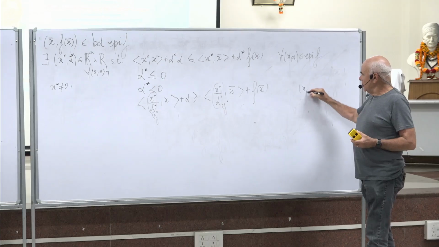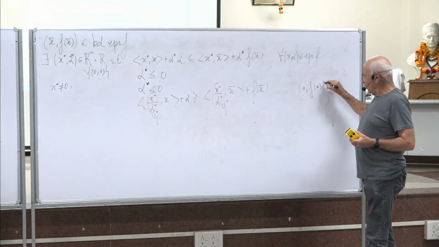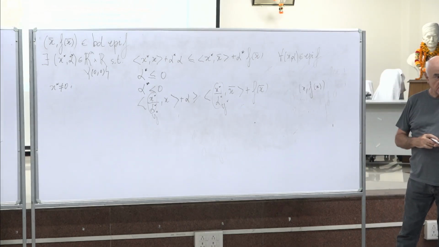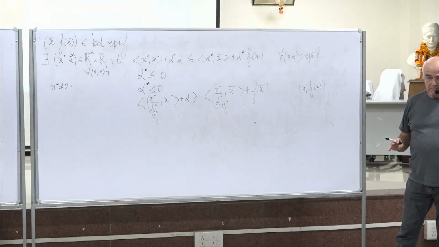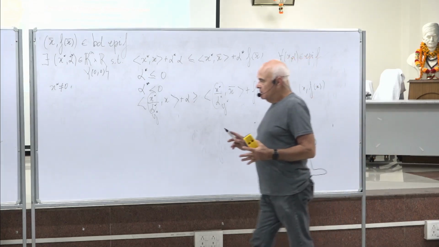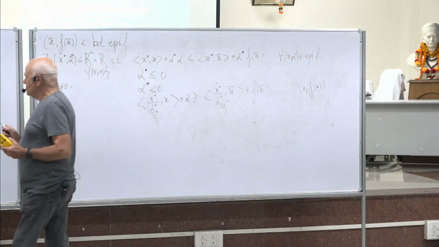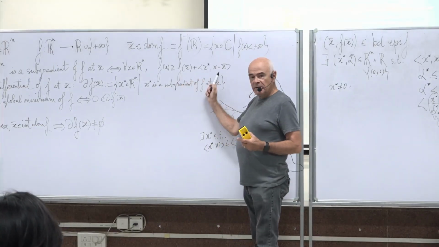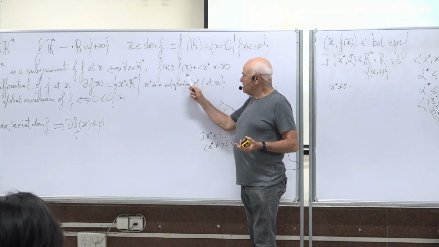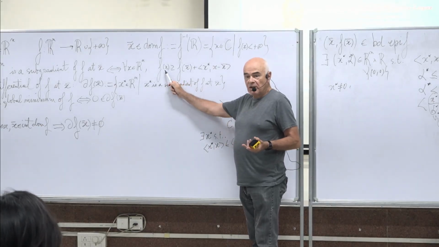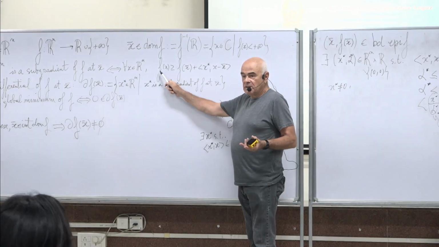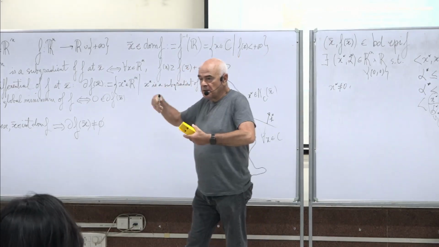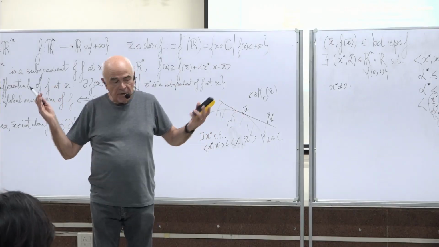In particular, when alpha is equal to f of x, if x is in the domain. We are trying to prove the inequality. This inequality is automatically satisfied if x is not in the domain, because in that case f of x is plus infinity. It's greater than or equal to everything.